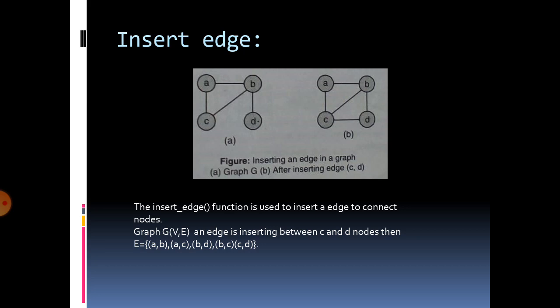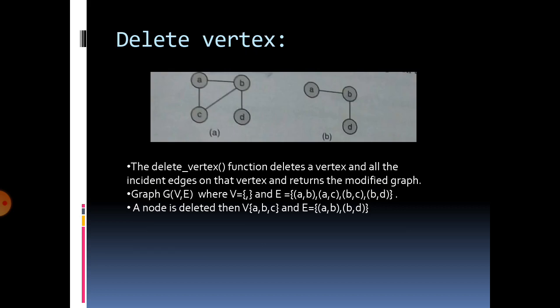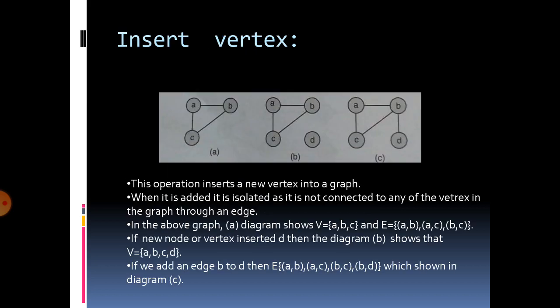How to insert an edge? Before that, we saw one thing: while we are inserting a vertex, we have to insert an edge also. Here we have inserted a vertex. If it does not have any edge with the remaining existing graph, then the inserted vertex looks like an isolated vertex.